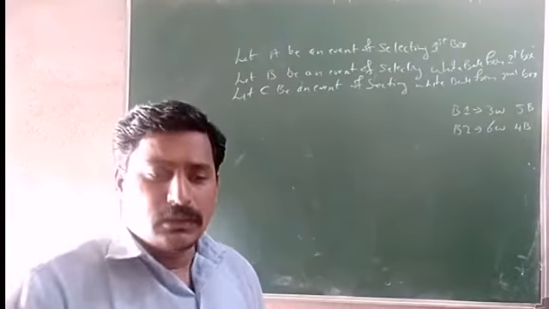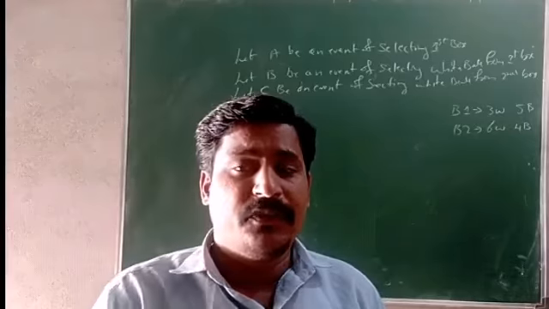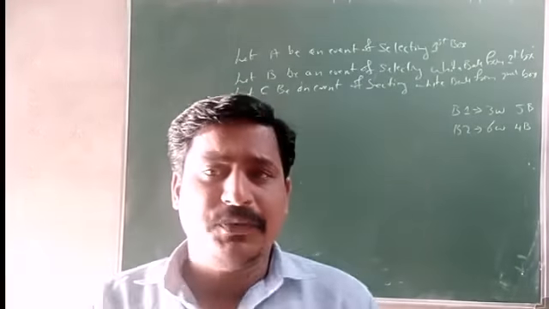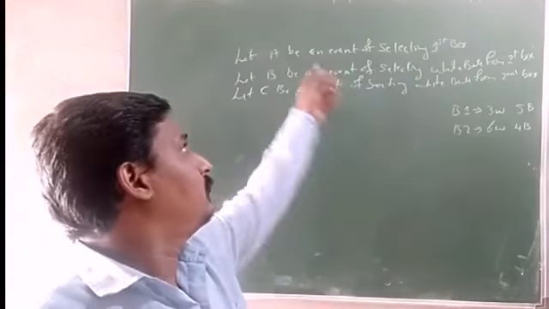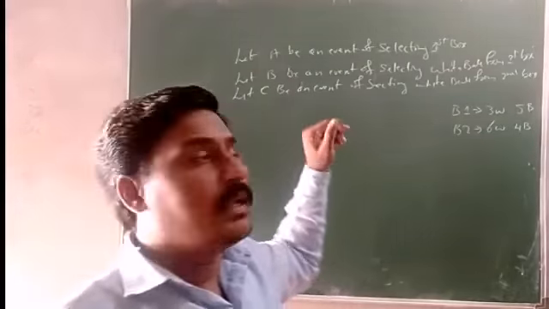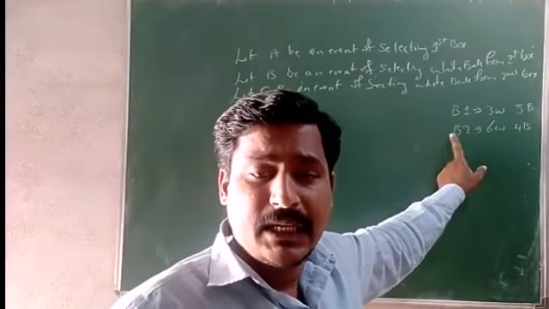So here both are independent events. First we select a box, then after that we select a ball from the box. So event B is selecting a white ball from the first box, and event C is the selection of a white ball from the second box.